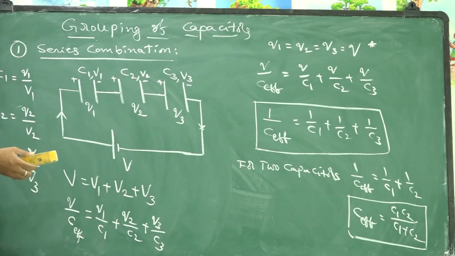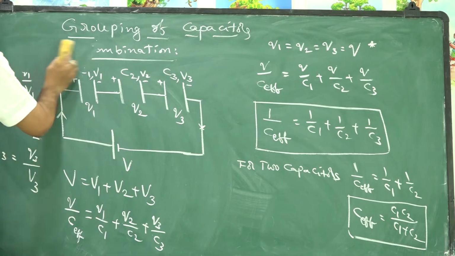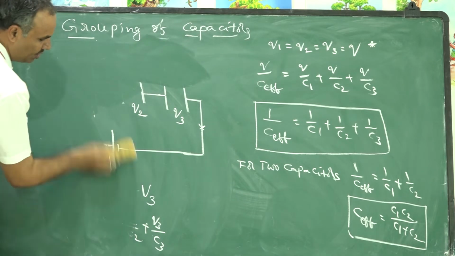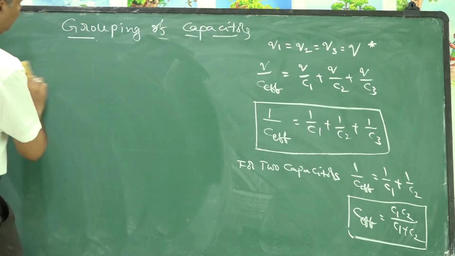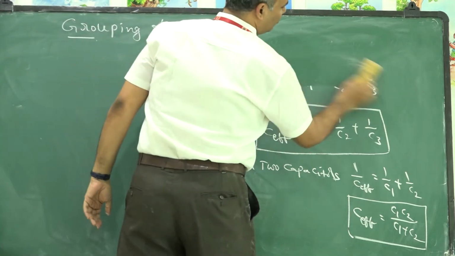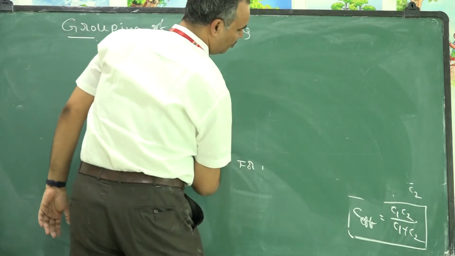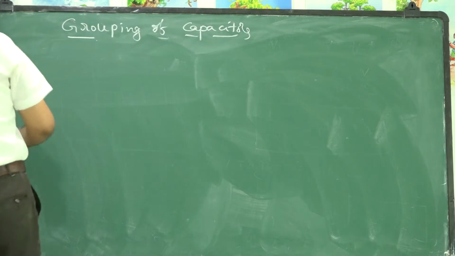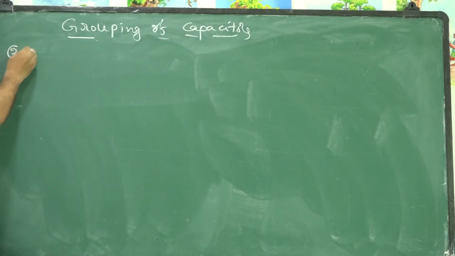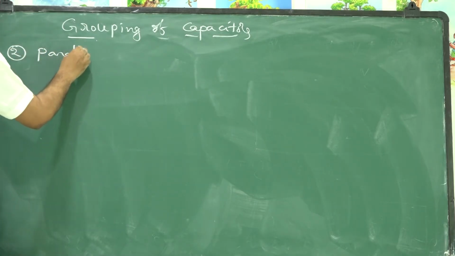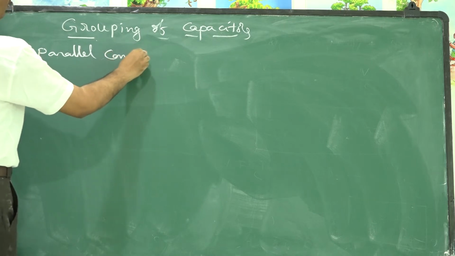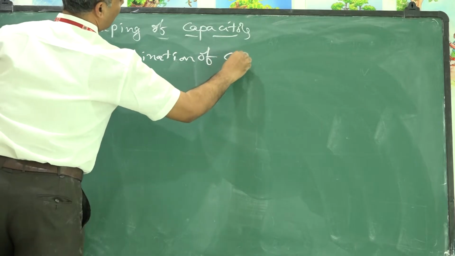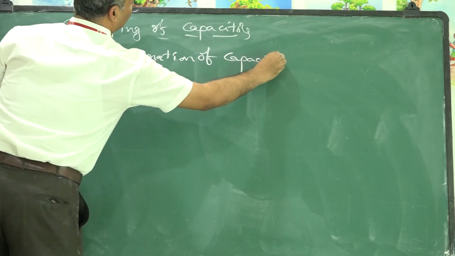Let us go to the second kind of combination of capacitors, that is parallel combination of capacitors.